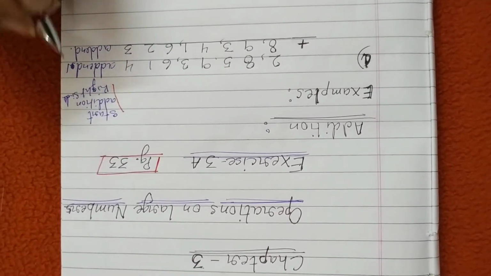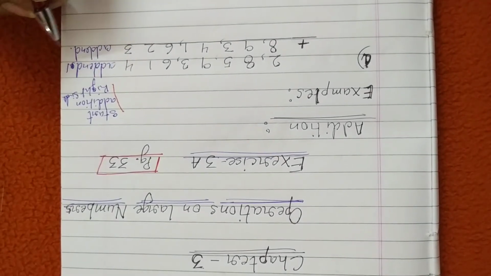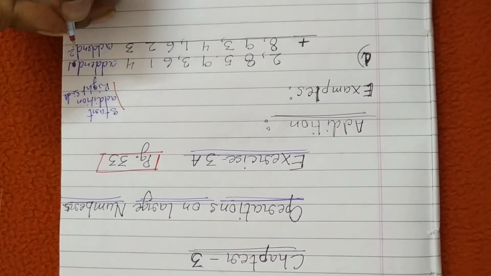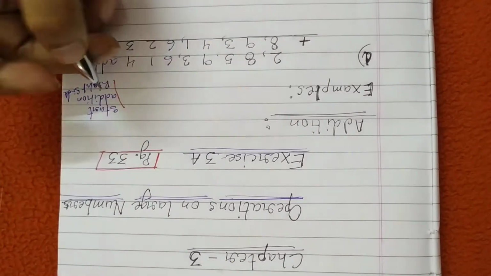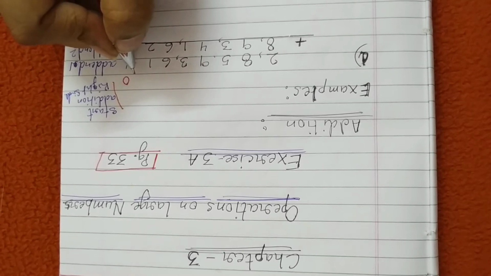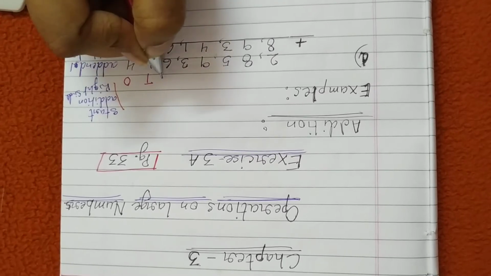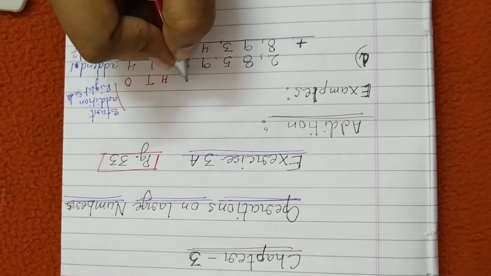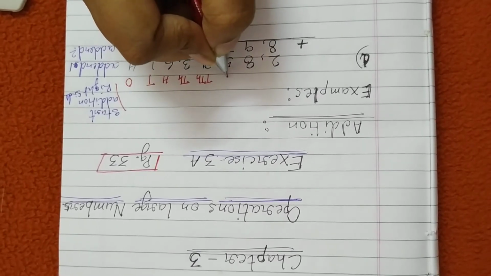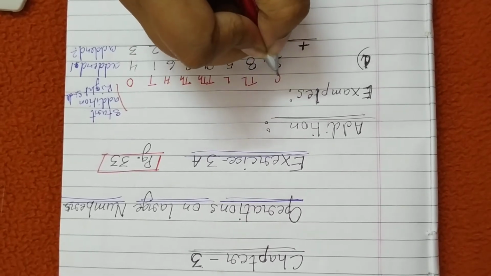Numbers that we add, we call addends, and we always start addition from the right hand side, that is from ones place, and we move towards the left hand side. Ones place, tens place, hundreds place, thousands place, 10,000s place, lakh, 10 lakh and crore.